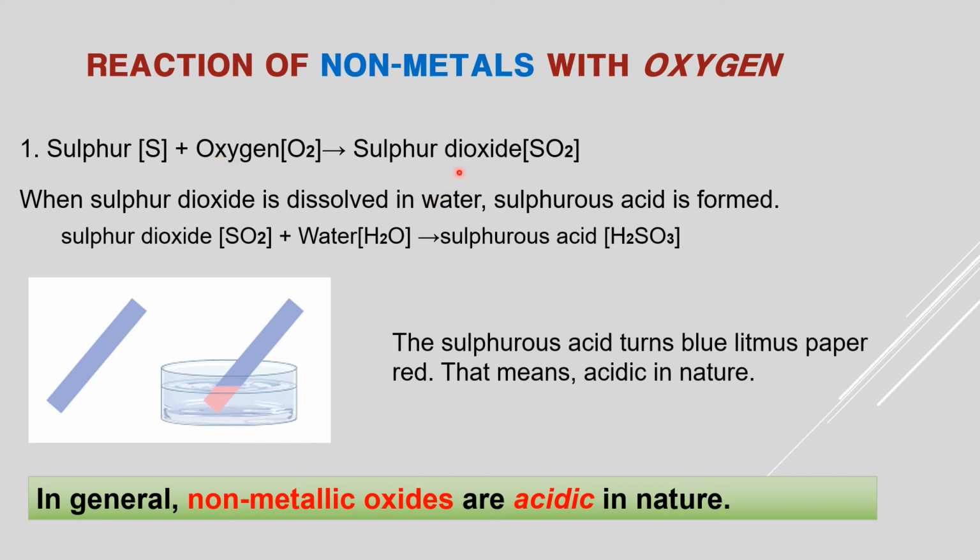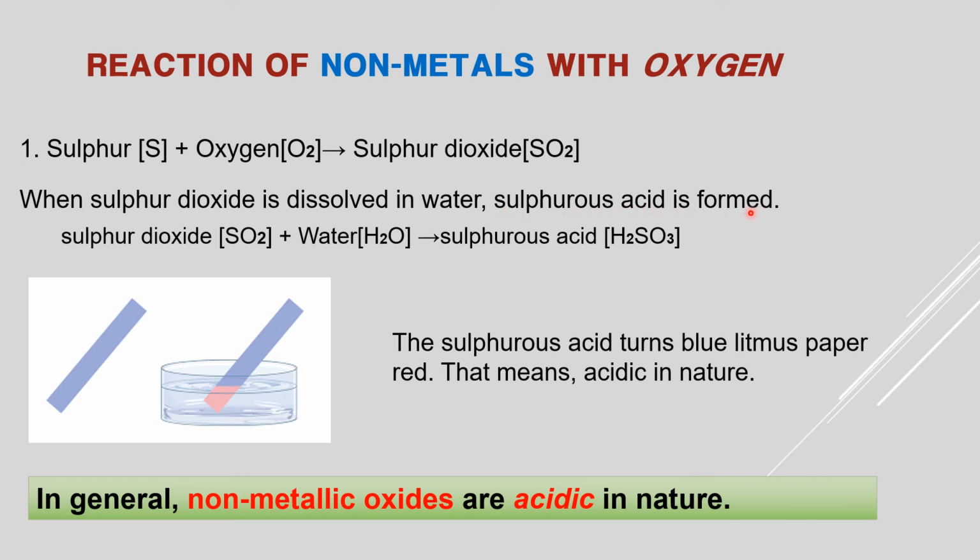That is SO2. See, when sulfur dioxide is dissolved in water, just compare with that metal oxide dissolved in water. Here sulfur dioxide, that is non-metal oxide, is dissolved in water to form sulfurous acid. Not sulfuric acid, this is sulfurous acid.